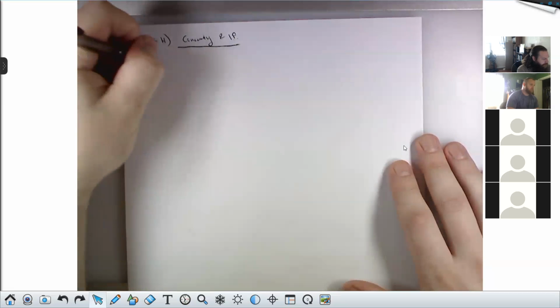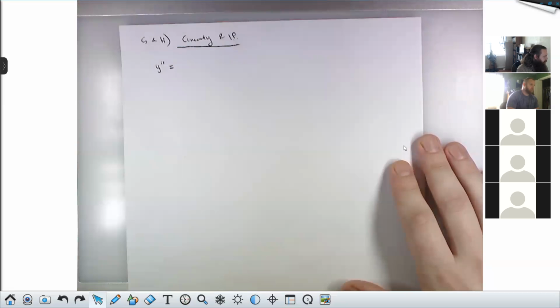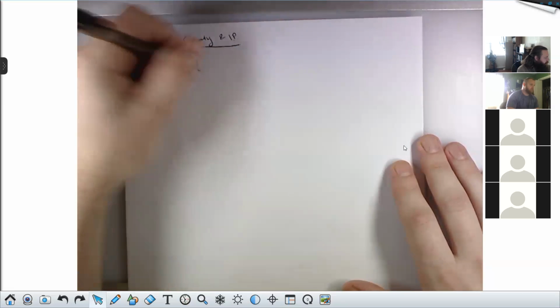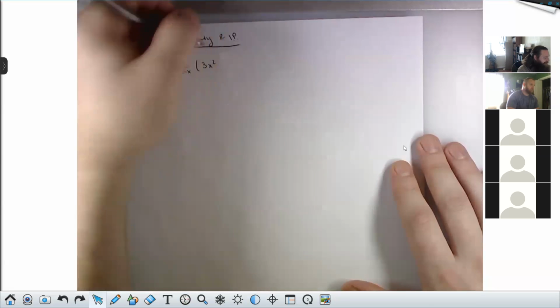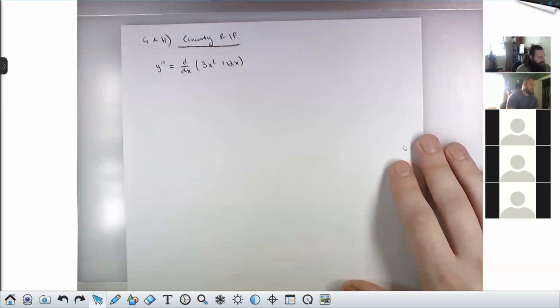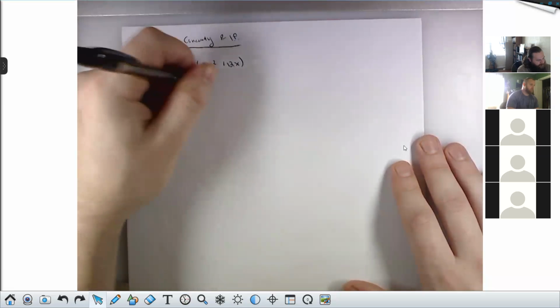Y double prime, the second derivative. Our first derivative was 3x squared plus 12x, so I need to differentiate that. And that's going to give me 6x plus 12.